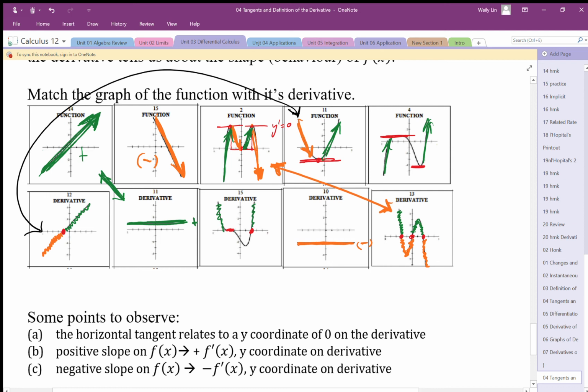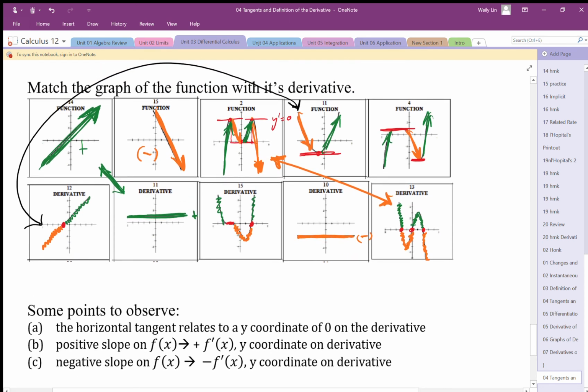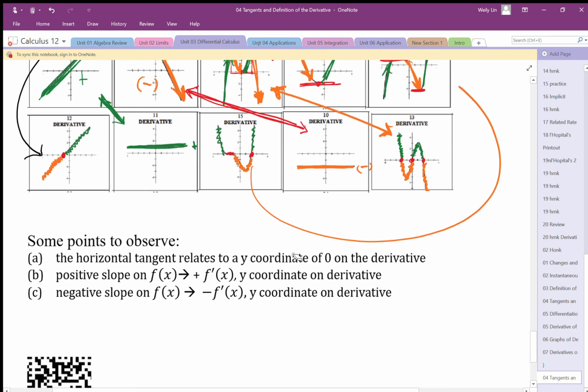It's sloping down through here, and through those same x coordinates we have negative y values, or negative slope values. So the main idea is we can connect these graphs. This one connects to that one, and these two go together here. We can look at these three criteria, which help us out.